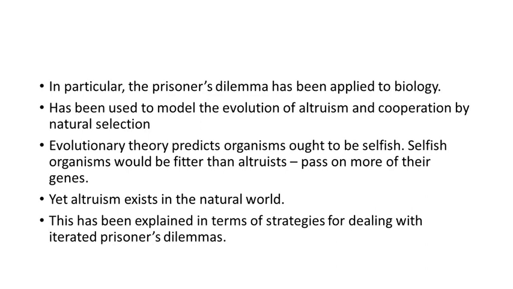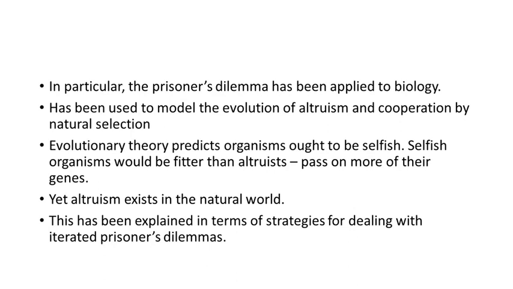So positive frequency-dependent selection is where the more common a trait is, the fitter it is. It does better the more copies of itself it's in competition with. Negative frequency-dependent selection is where a trait is fitter when it's rare. The smaller the number of examples of that trait within a population, the fitter the trait is.